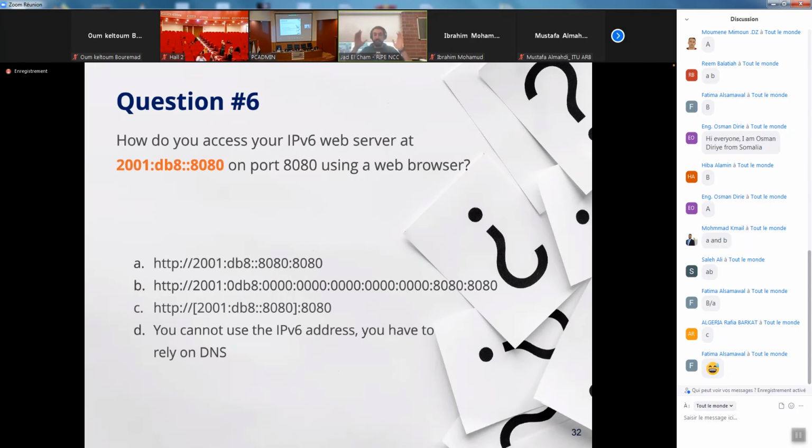Remember, the IP address itself is 2001:db8, double colon, all the way to 8080. So that means there are 5 groups of zeros in between. And then you would like to access it on port 8080. So let's see if I can get an answer. Feel free, guys and ladies.